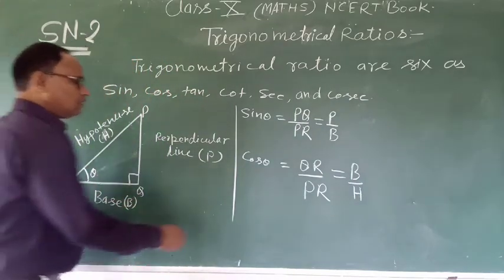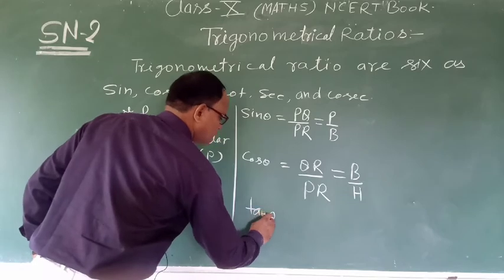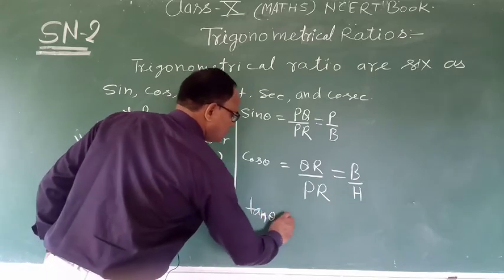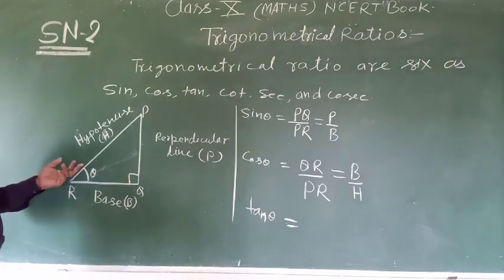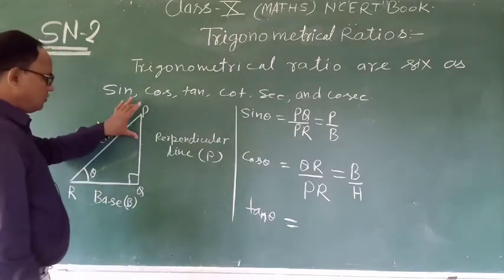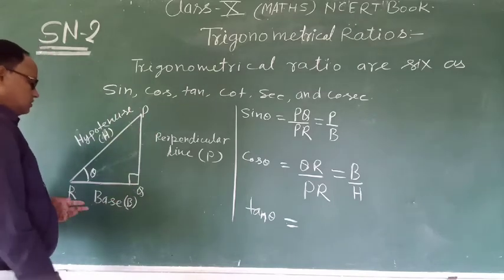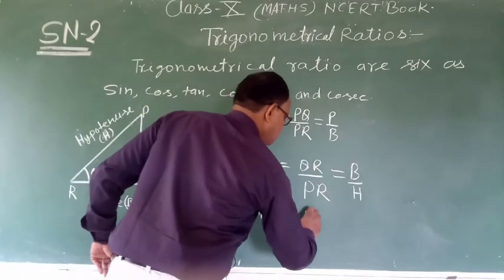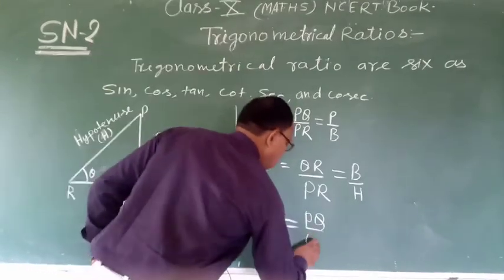And tan theta is equal to perpendicular line by base, or PQ by QR.